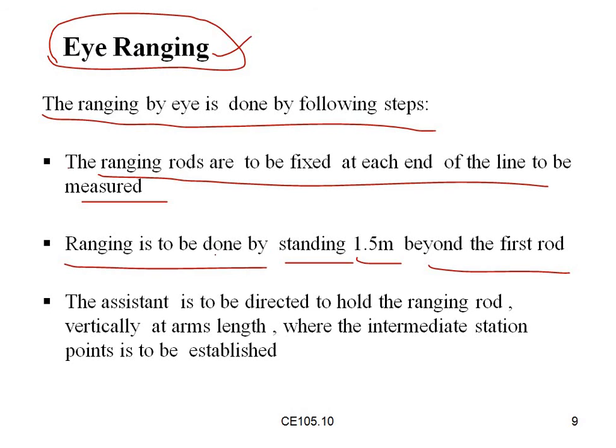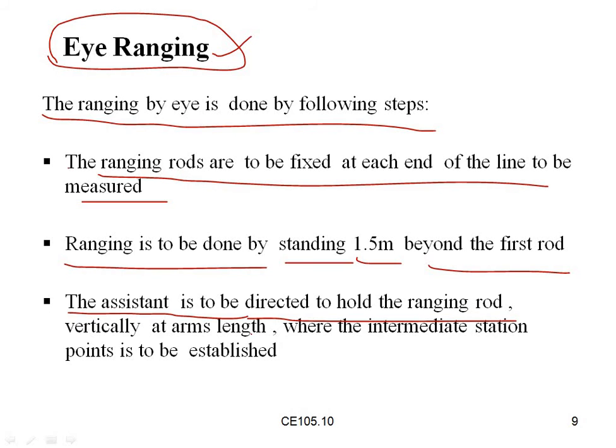The next step: the assistant is to be directed to hold the ranging rod. So there will be two members in chain surveying. One will be the leader and another will be the follower. What the leader says, the follower should follow, and the leader guides. Some symbols also will be there.